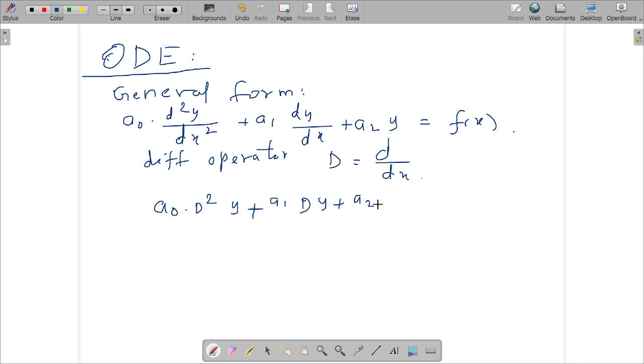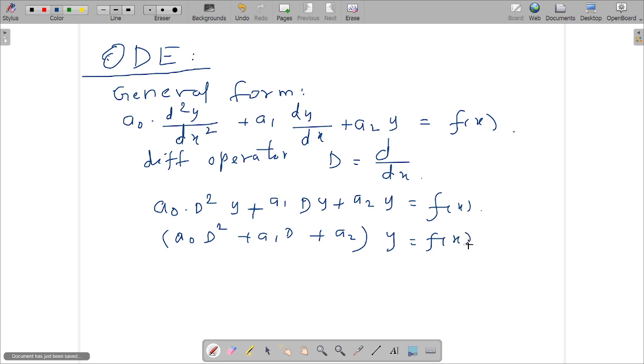Taking y outside, it becomes a naught D square plus a1 D plus a2, into y, equal to f of x. This is a general form.